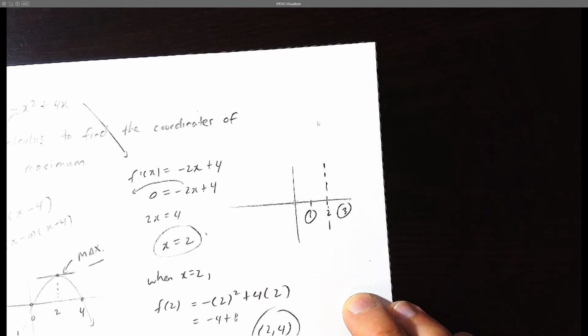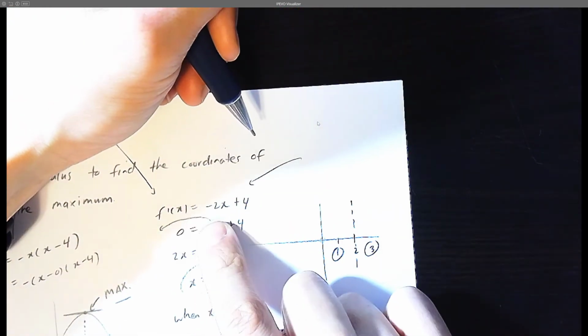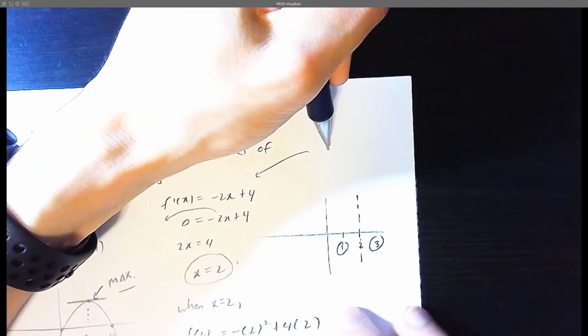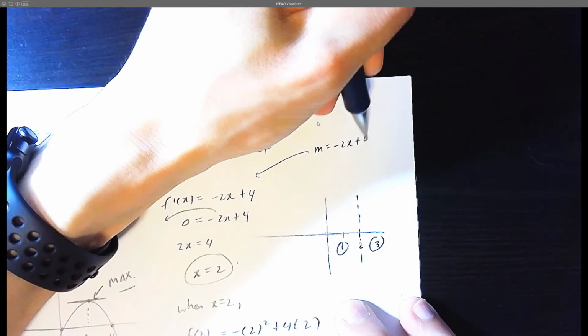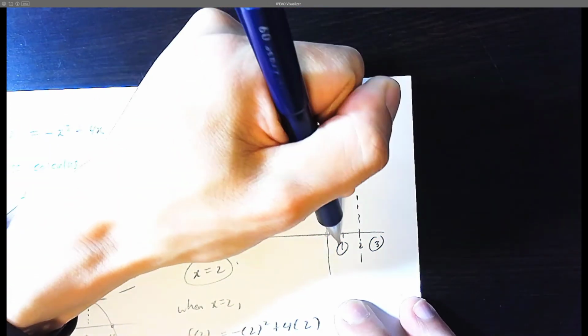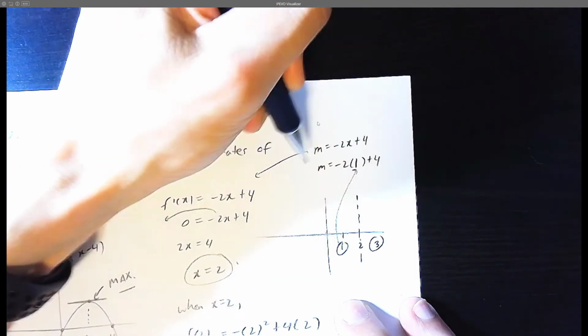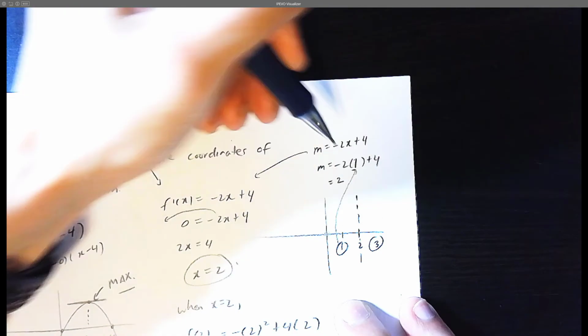Now let's do a derivative test. The derivative is f prime of x equals negative 2x plus 4. We're going to substitute, so the slope equals negative 2 times something plus 4, and the x value happens to be 1. So the slope here is going to be 4 minus 2, which is 2.